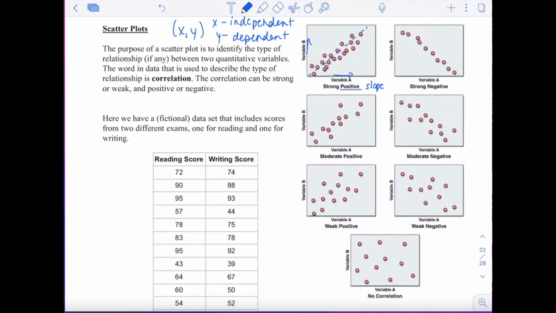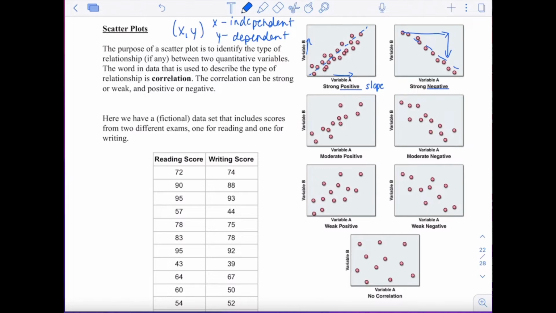You can think of that as a positive run and a positive rise. On the other hand, a negative correlation would be the opposite. As variable A increases, variable B decreases. We call that a negative correlation, and you can think of it as a negative slope.